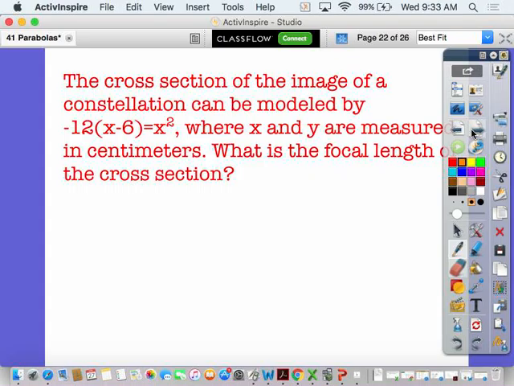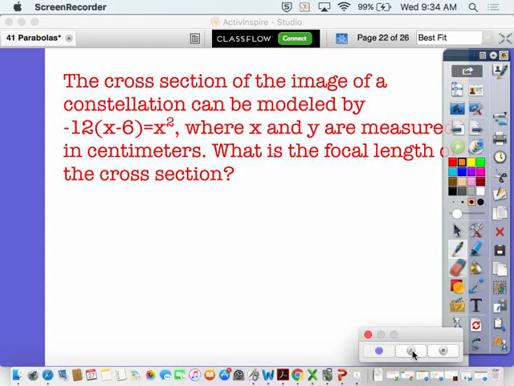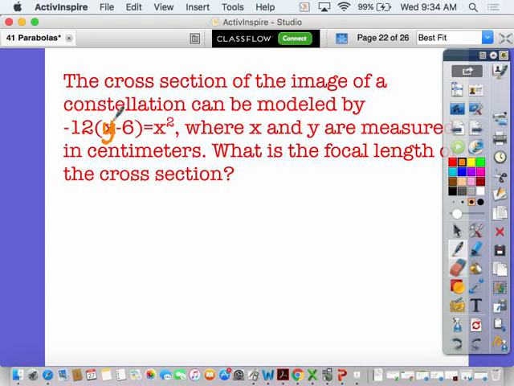Again, I'm asking you, what is the focal length here? Negative 12 divided by 4. Yes, question. One of these actually should be a y, and I did mess up there. Sorry, this one should have been a y. That was my mistake.